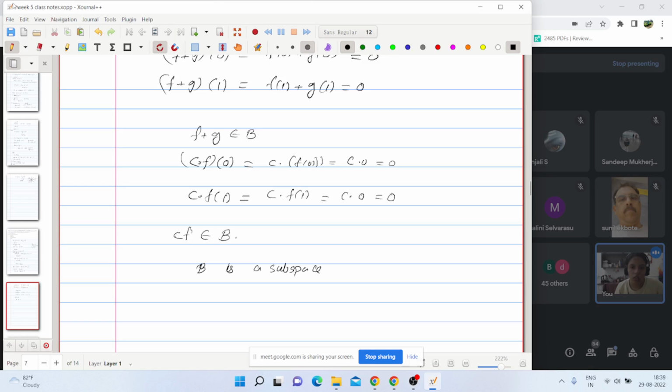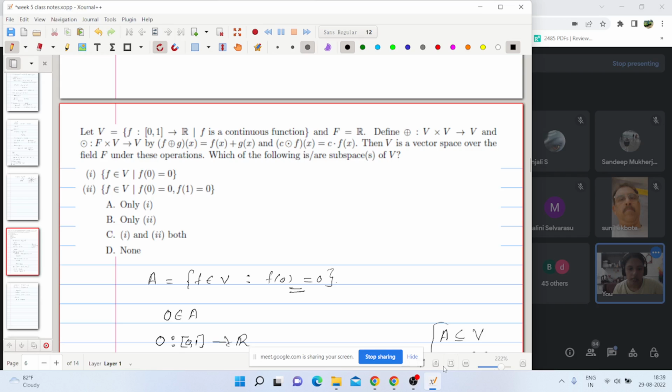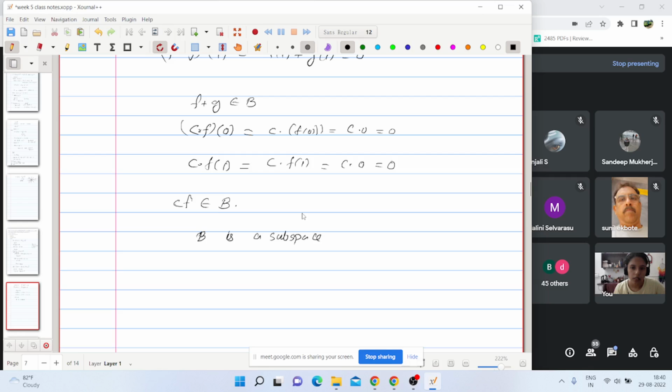Is the answer clear for everyone? Any doubt? No, it's a constant function. Which one? f0 is 0 and f1 is 0, so it's a constant. No, not a constant function. The only thing we are saying is that at 0 it is 0.